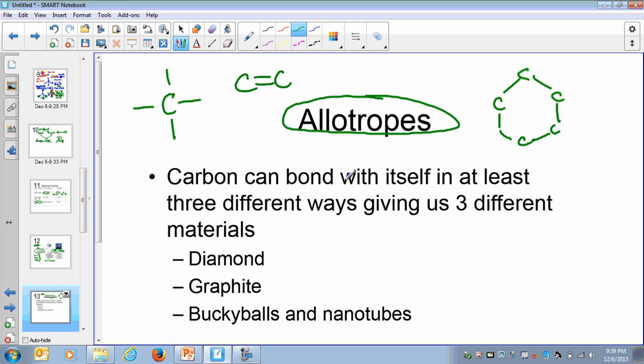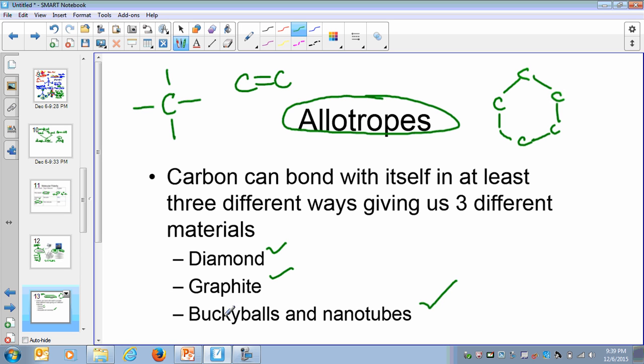So carbon can bond itself in at least three different ways, giving us three different materials. We have diamond, graphite, and the newly invented allotropic forms of carbon: buckyballs, or fullerene, or graphene, or nanotubes.